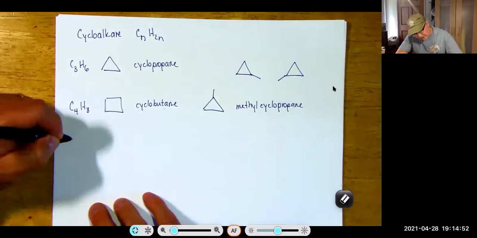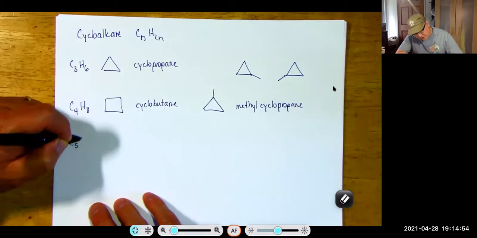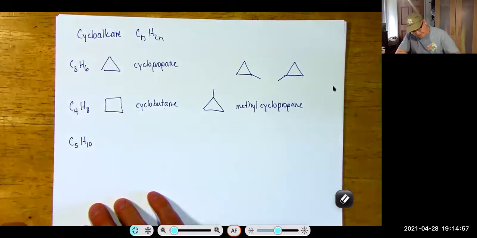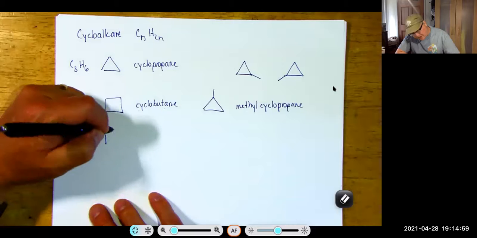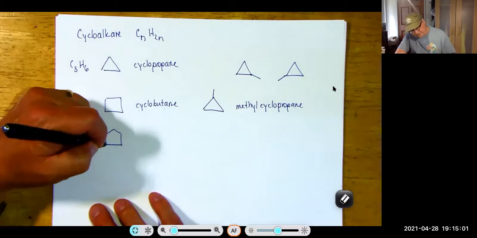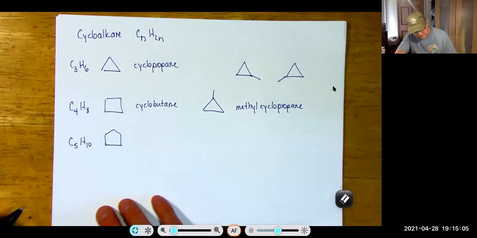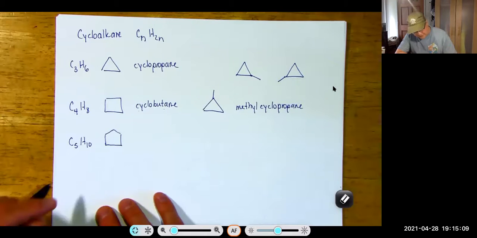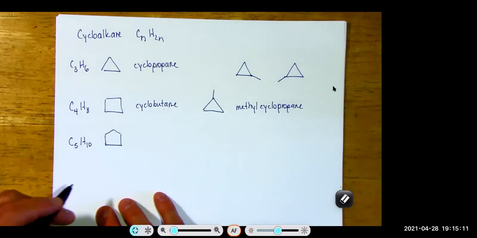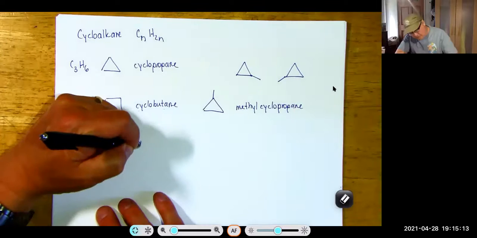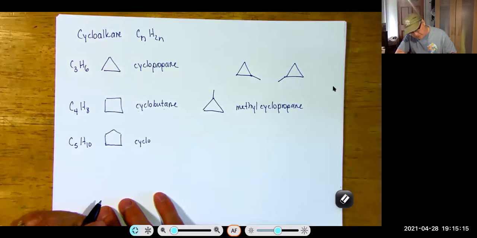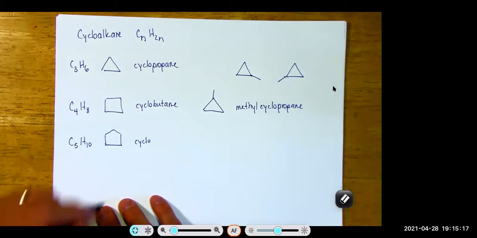Let's look at C5H10. So C5H10 is a house, the kind of house you used to draw in kindergarten when you had crayons. And if you're still using crayons, good for you. What do we call this one? Cyclopentane. That's right.